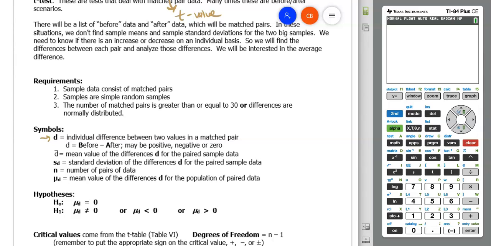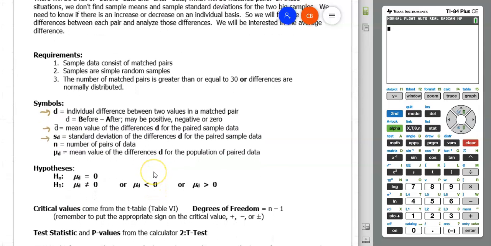Once we have that list of all the differences, we will have d bar, which is the mean of that list, and s sub d, which is the standard deviation of that list, and so on. For the hypothesis structure, since we're talking about just one group of data, even though we started with two lists, we turn it into one by making the differences.